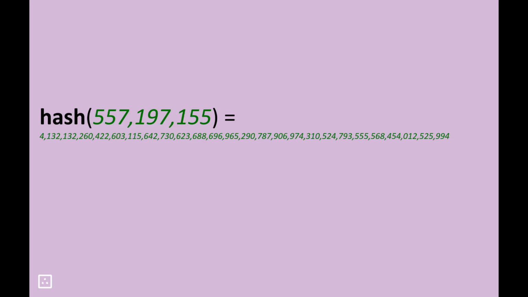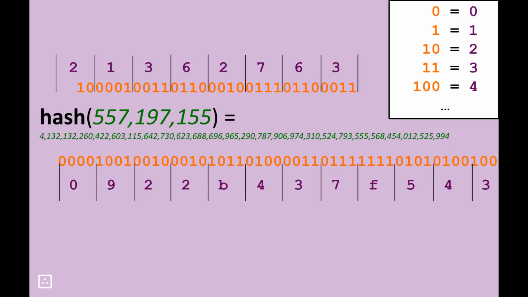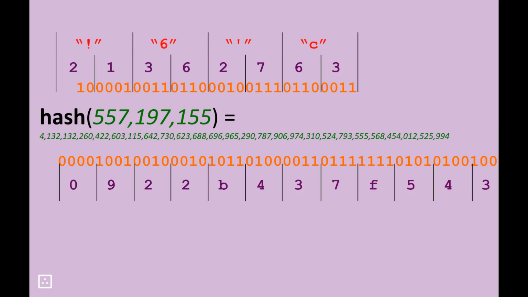We can represent 557,197,155 in binary, and we can represent 4,000 whatever with 256 bits, adding extra zeros to the beginning if needed. These binary sequences can also be chopped into groups of 4 and represented in hexadecimal with 0010 representing 2, etc. And sometimes we can take these binary sequences, chop them into sequences of 8 bits, and represent them in ASCII.